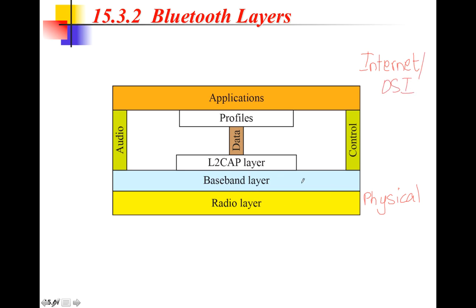The baseband layer will be similar to the MAC layer, and the L2CAP layer will be similar to the logical link control, the LLC layer in a normal network, in the internet OSI framework. So you should remember the mapping of how this would be.